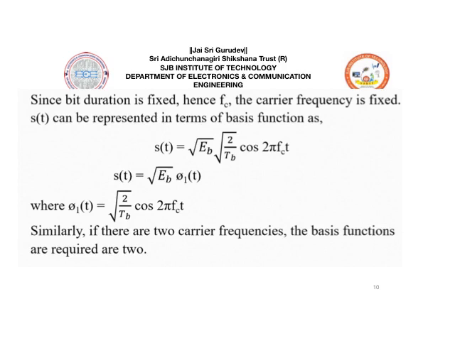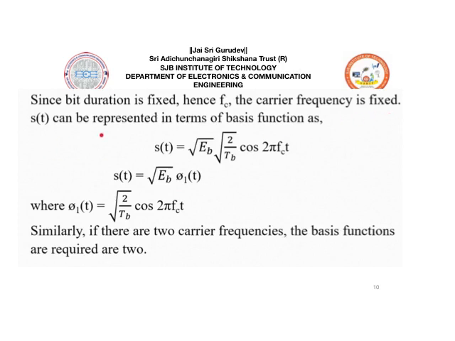Now, in this expression, the bit duration is fixed, that is t value is fixed, hence fc, the carrier frequency, will also be fixed. Since the bit duration is fixed, the carrier frequency fc is also fixed.